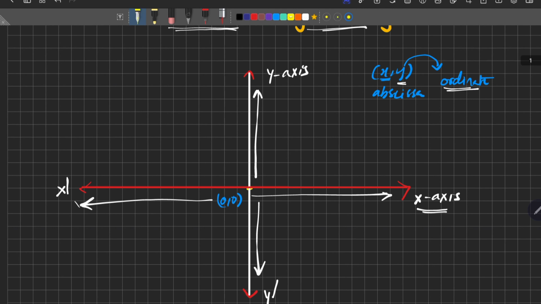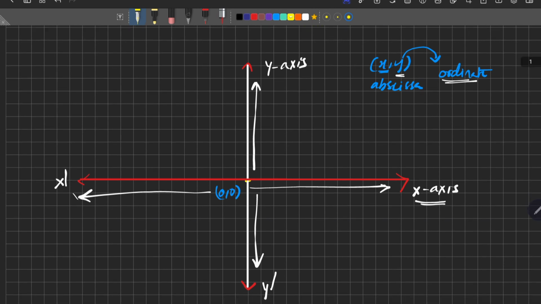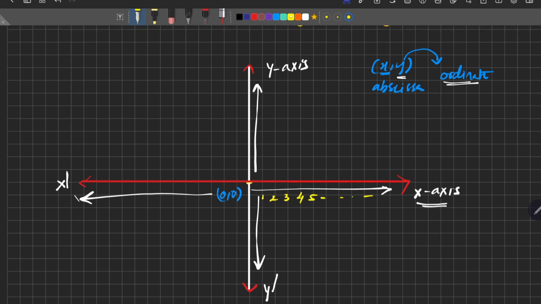Suppose I indicate the points here, 0, 0. Towards the right-hand side are positive numbers such as 1, 2, 3, 4, 5 and so on. From the origin, if I take above, which is positive again, this is the positive y-axis: 2, 3, 4, 5 and so on.